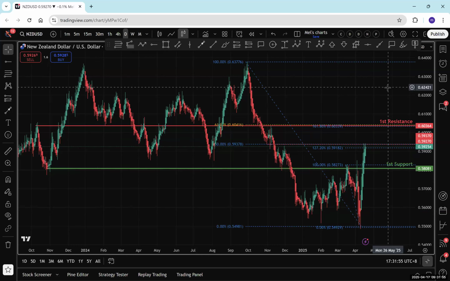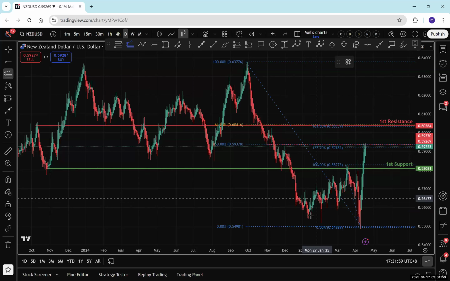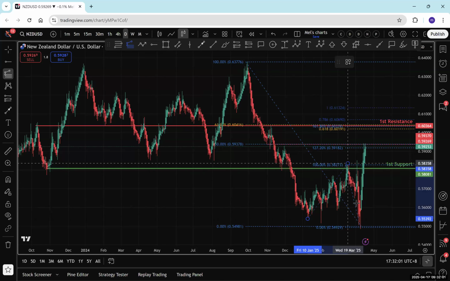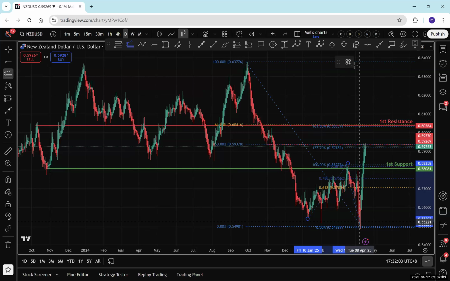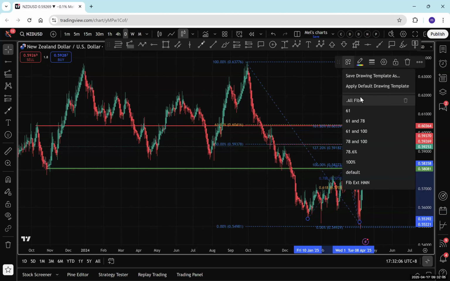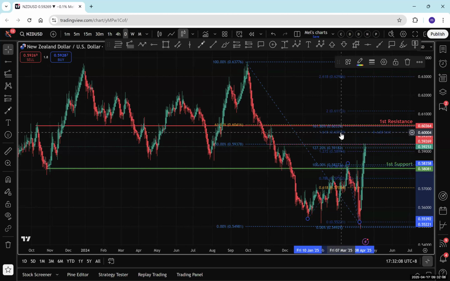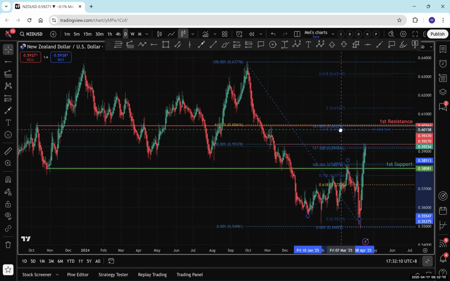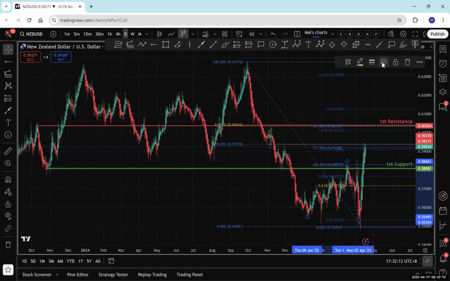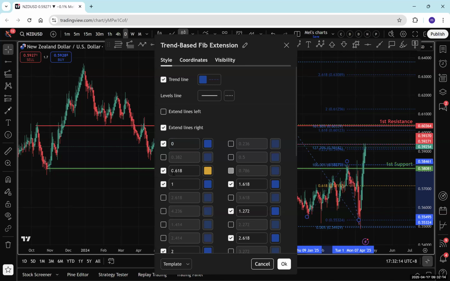Okay, I'm also going in with our projection here. Okay, my 161 lines up, the 127 as well. So I'm just going to keep those two levels.